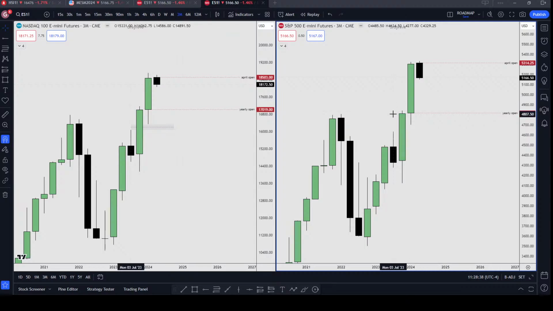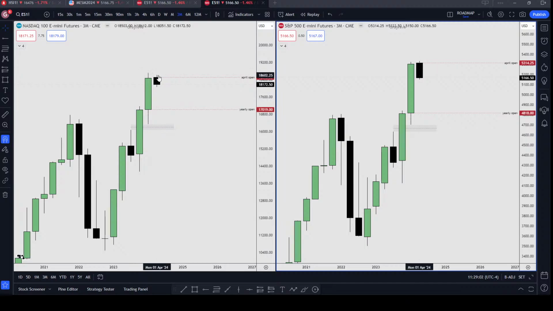Just from this, you can clearly see that we have SMT on the highs. So S&P 500 took out the previous quarter's high, whereas NQ failed to do so.